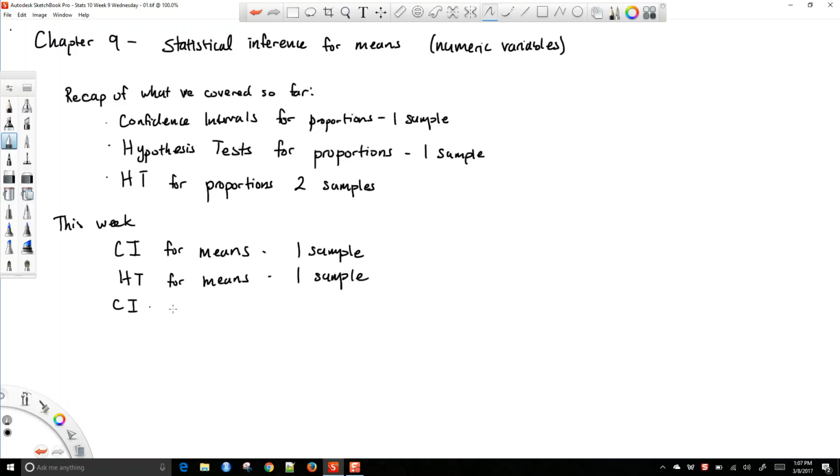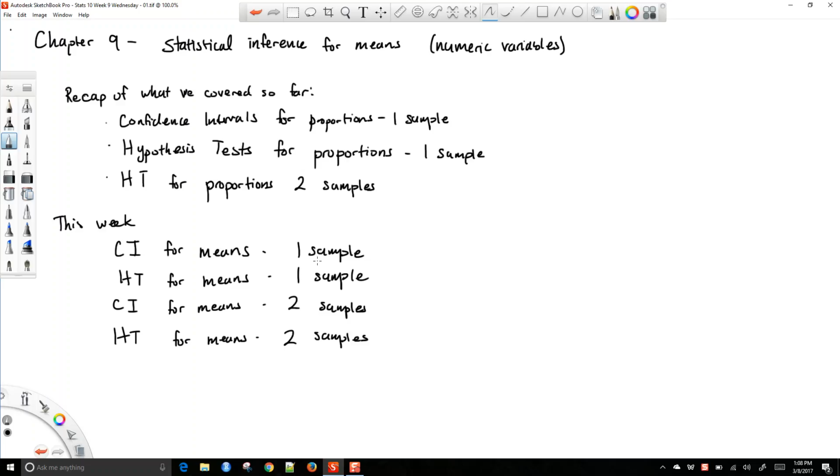Confidence intervals for means with two samples, and hypothesis tests for means with two samples. Okay. Today we'll probably get through the first two topics. Maybe just the first one. Well, I don't know. We'll see how far we get.